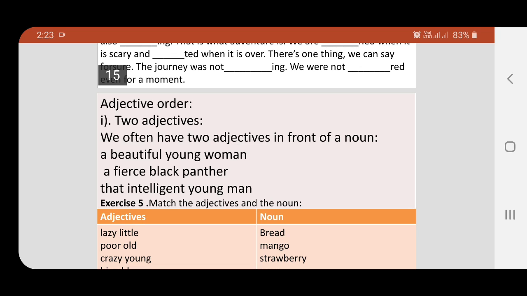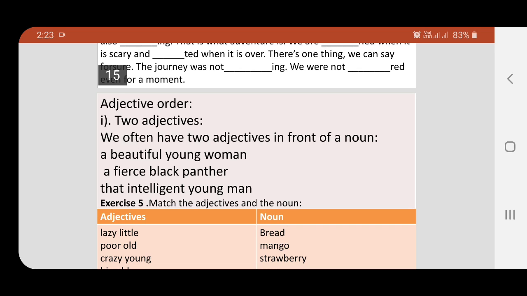Woman is a noun. It refers to a person, a naming word, a general name. A beautiful young woman. Beautiful is an adjective. Young is also an adjective. So we use two adjectives. A beautiful young woman. A fierce black panther.